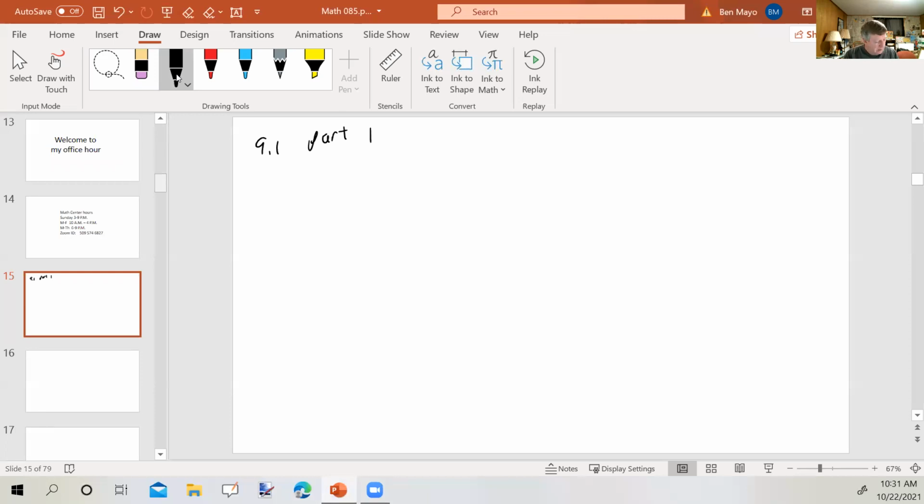So first of all, let's talk about the idea of a perfect square. Okay, if you take the number 5 and you square it, you get 25. 25 is called a perfect square because it has two identical factors, that is 5 times 5.